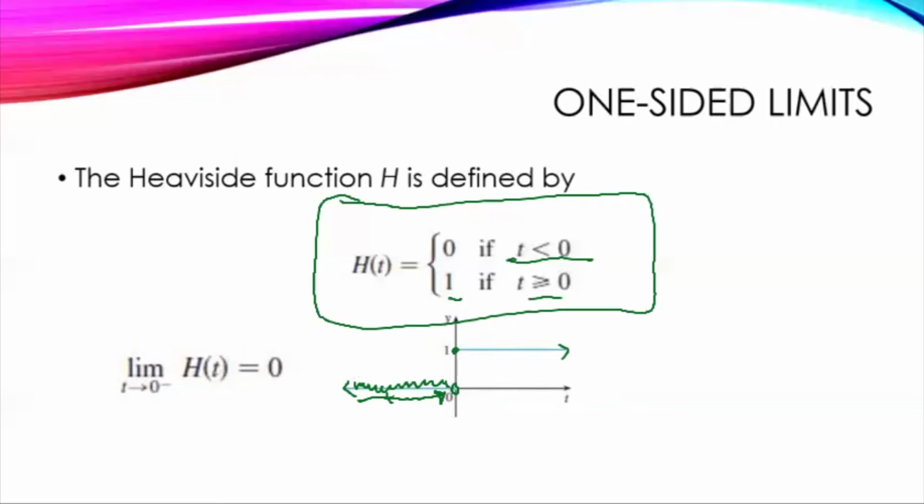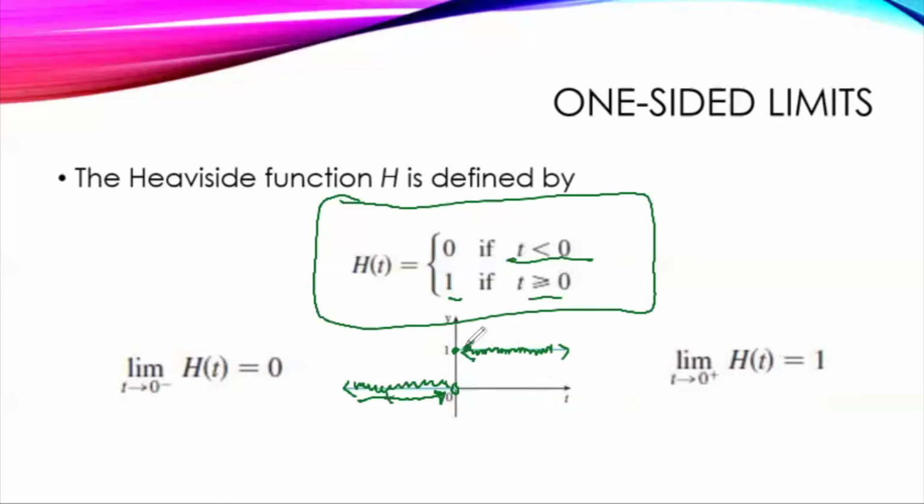How about the limit of h of t as t approaches 0 from the right? That's why we consider this as a one-sided limit, class, because we consider first the left-hand side and the right-hand side. So as t approaches 0 from the right, these are values of t from the right of 0.